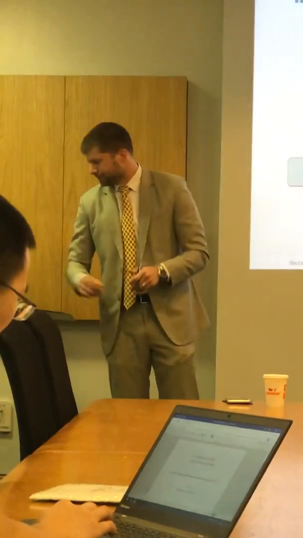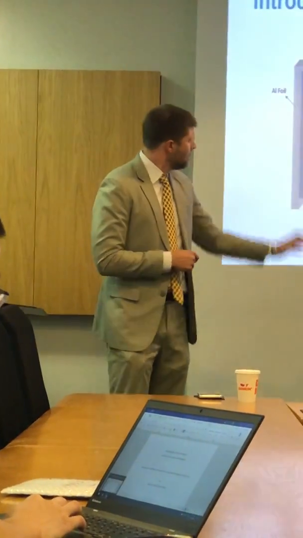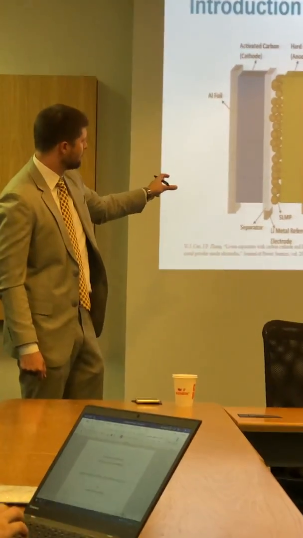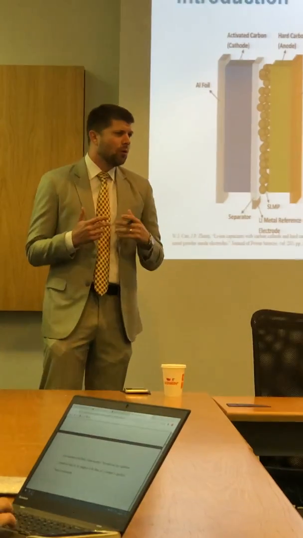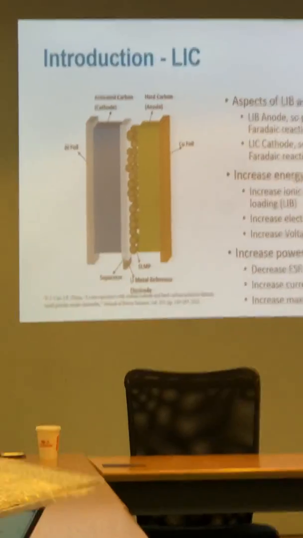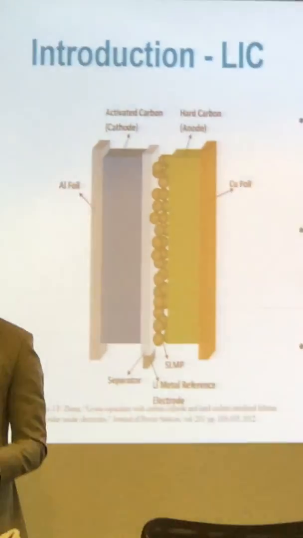So how does it do this? Well, I have a cutaway here of the electrochemical part of a lithium-ion capacitor, and what it does is it marries a lithium-ion battery and an electrochemical double-layer capacitor.